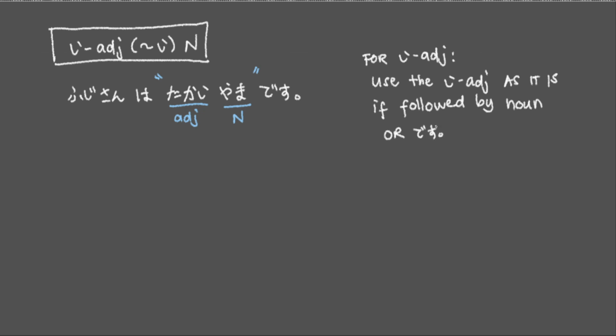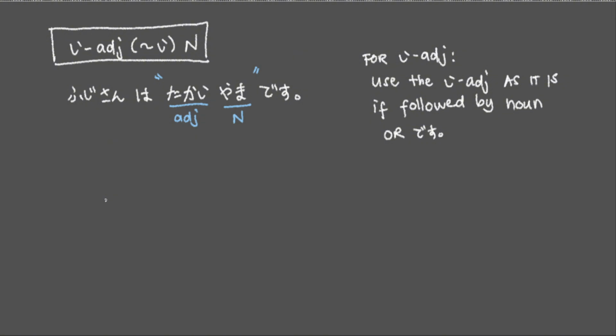So either way, it is used the same way. Whether it is used as a predicate or as a noun modifier, we use it as it is on its own without removing the e. It's an entirely different concept from na adjectives. So for e adjectives, you just use it as it is before the noun or the desu.